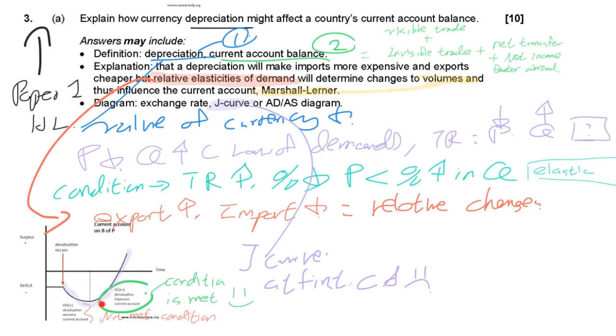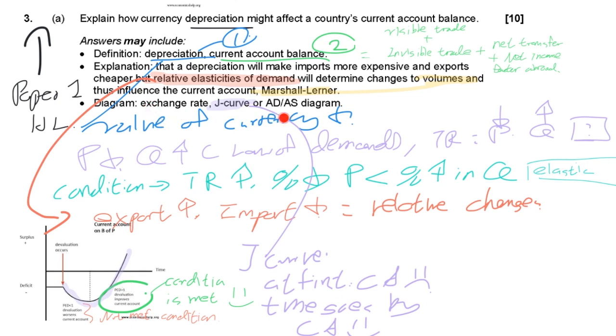When the condition is met and time goes by, there will be a favorable effect on the current account. So it depends on the timing. At first, the current account will worsen. After time goes by, the current account will become much better. This is the theory of the J curve. It is about when the Marshall-Lerner condition would be met.